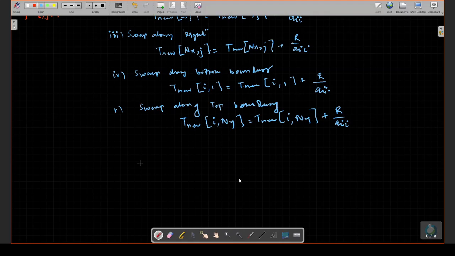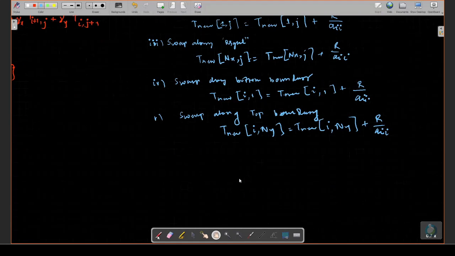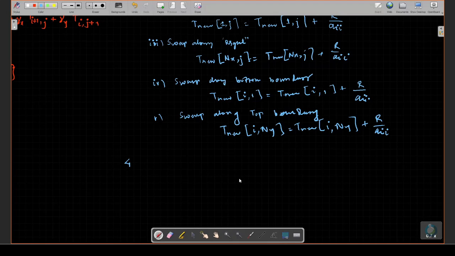Okay. So once you do this, the next step, number 4, is to make a condition. You have to calculate the residual R. If the RMS is greater than some epsilon value, then you go to step 3.